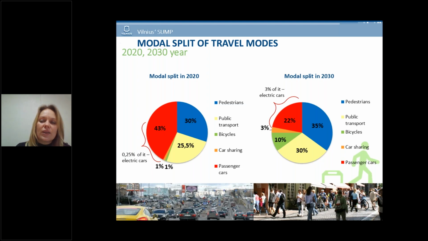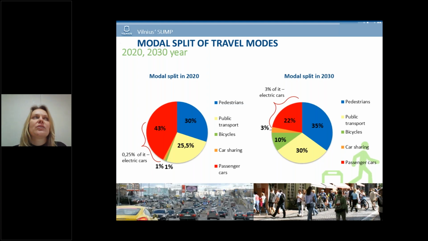And the modal split I'm showing you at the moment is not the same as it remains in the SUMP, because when we started creating the vision and goals, we had very ambitious expectations for modal split in 2030, like to decrease car usage by half and to multiply bicycle usage 10 times and so on.